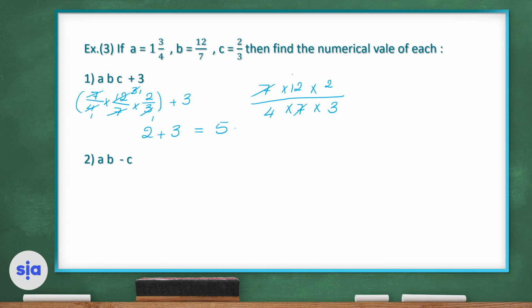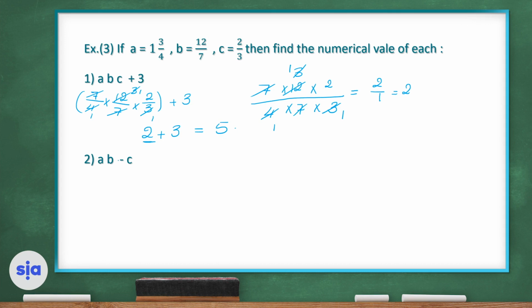You check for the 12. The 12 divided by 4, it's 3. The 4 divided by 4, it's 1. And then the 3 divided by 3, it's 1. 3 divided by 3, it's 1. So what's left for us is 2 over 1, which is 2. Here is the 2 that I'm talking about.